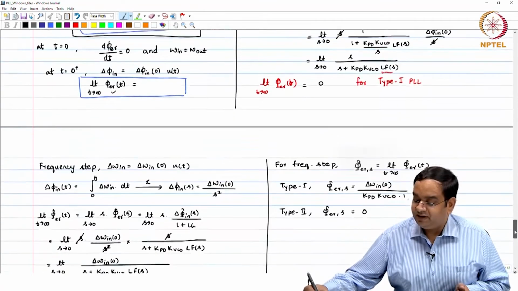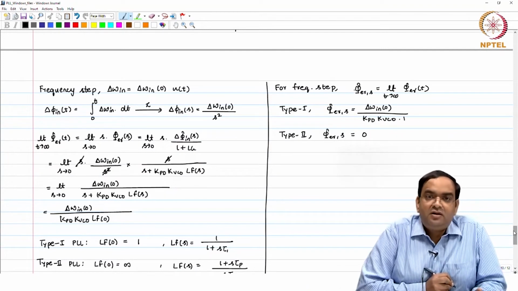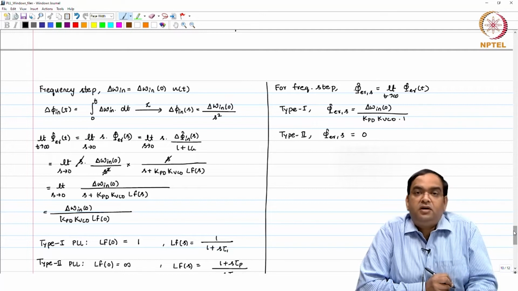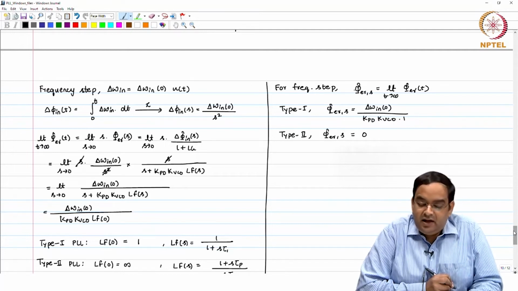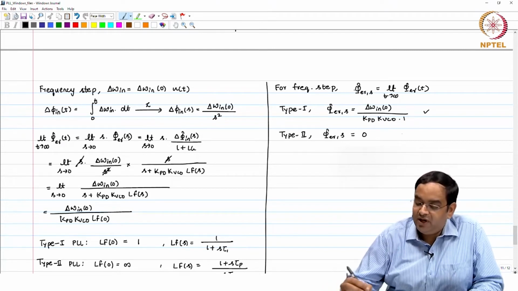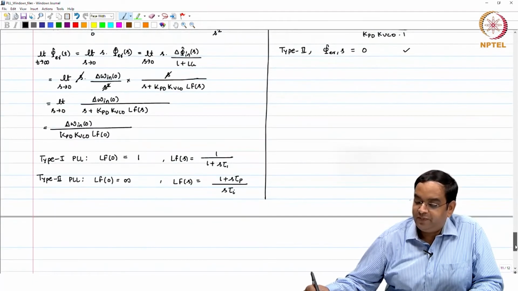Okay. So, this is interesting that for the PLL, with input and output frequencies locked, when you apply a simple phase step, you see that both in type 1 and type 2 PLL your error will be equal to 0. But when you apply a frequency step, for type 1 PLL there is a steady state error, but for type 2 PLL the steady state error is equal to 0. Okay.